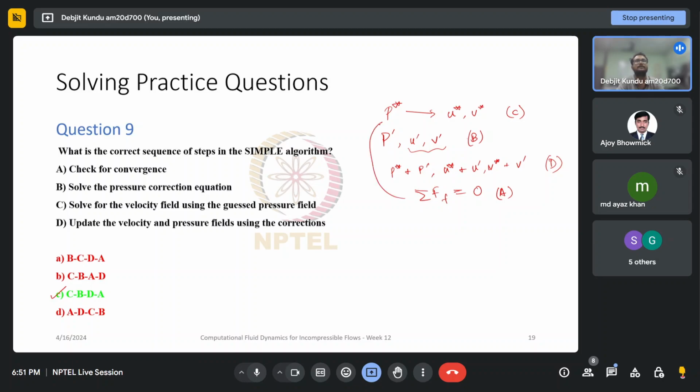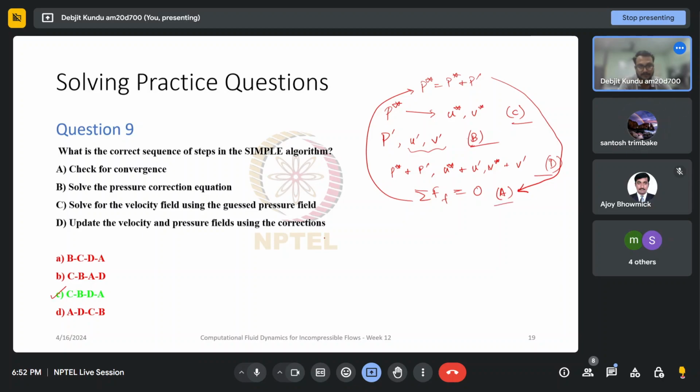Otherwise, we go back, not to the first step, but we replace P star with P star plus P prime, and then follow the same sequence of steps once again. So that's why C, B, D, A would be the correct sequence. Any questions? Sir, can you explain once again?